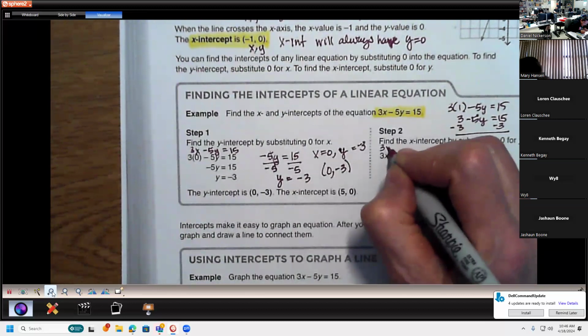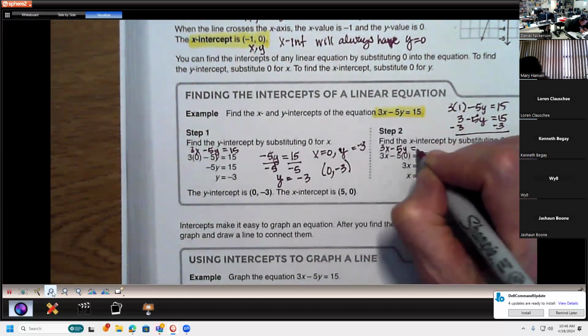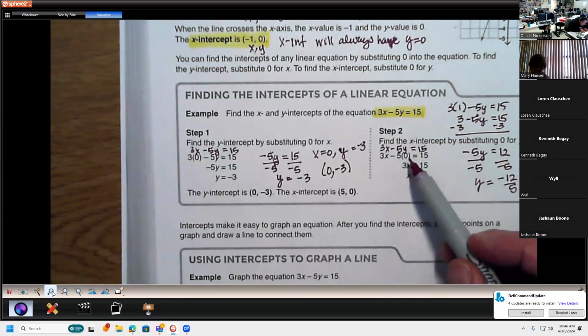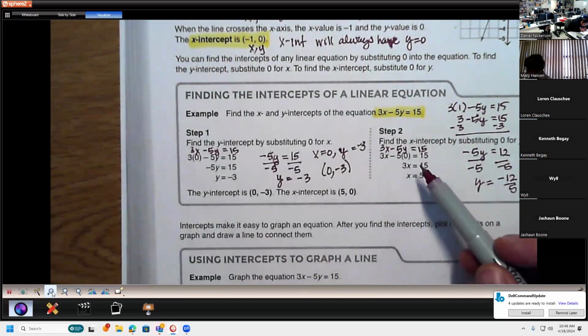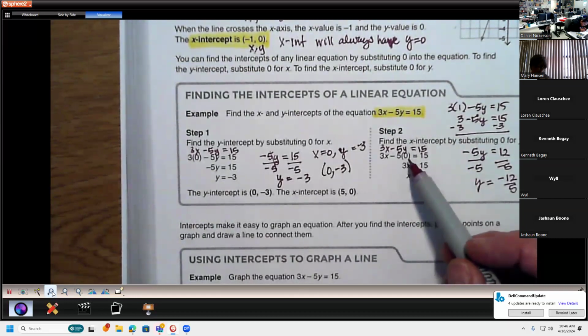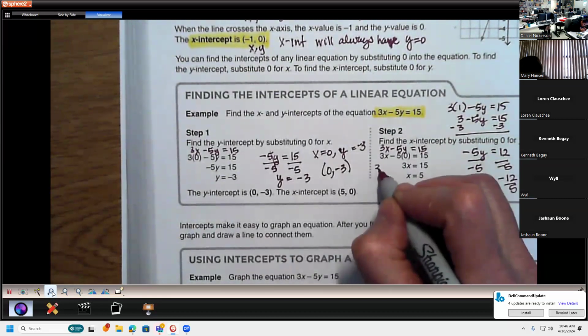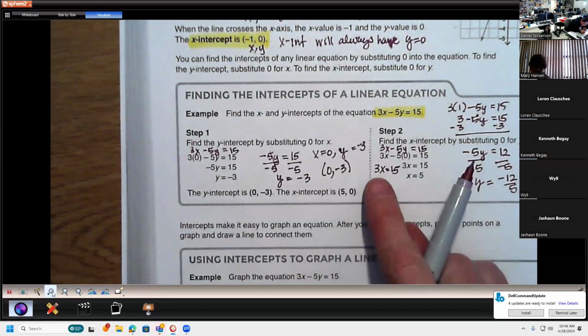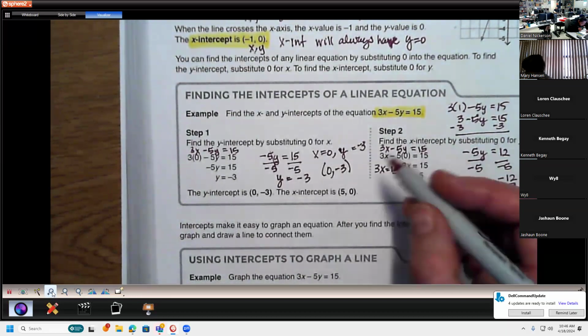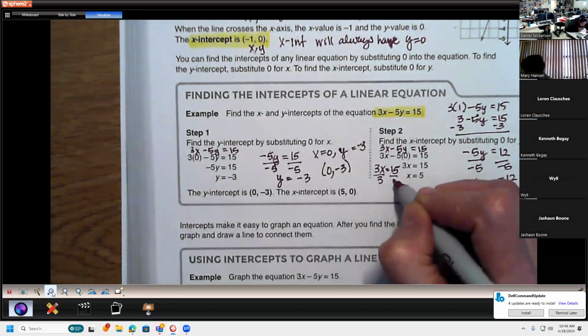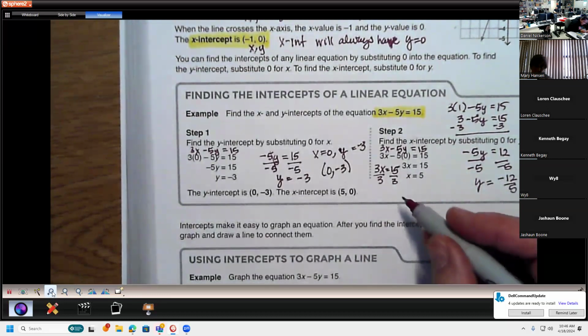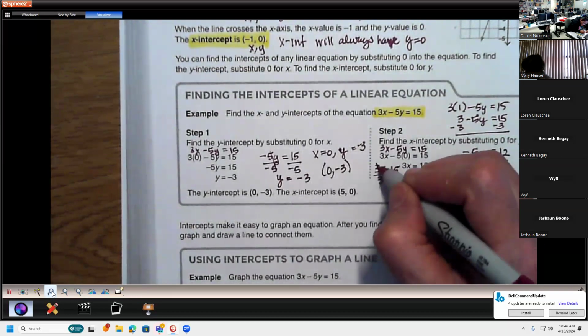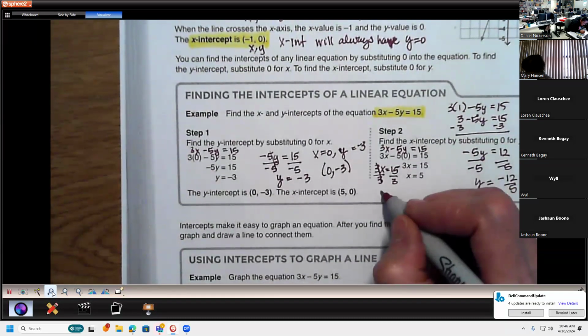So they took 3x minus 5y equals 15. And now they're going to put 0 in for y and figure out what x is. So if you put 0 in for y, 5 times 0 is 0. And so you're left with 3x equals 15. That's 3 times x is 15. The opposite of times is divide. And whatever we do to the left, we do to the right. 3 divided by 3 is 1.